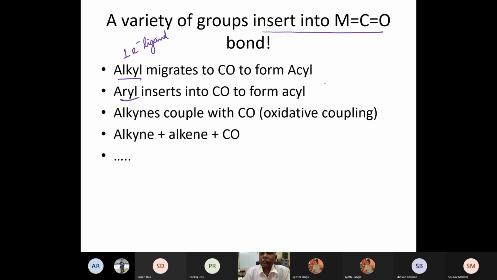The one electron ligand migrates to carbon monoxide to generate a new species, or we can also have a situation where a two electron ligand, like an alkene or an alkyne, does oxidative coupling. So this is a migration reaction, and this is an oxidative coupling reaction. These are two major pathways by which either two electron ligands or one electron ligand can couple with carbon monoxide to generate new products.